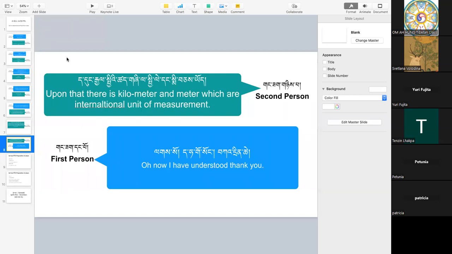When we talk about the international unit of measurement, chili tang mi. Chili is the equivalent of a kilometer, and mi or meter is the equivalent of a meter. So these are not the traditional way of finding the distance.